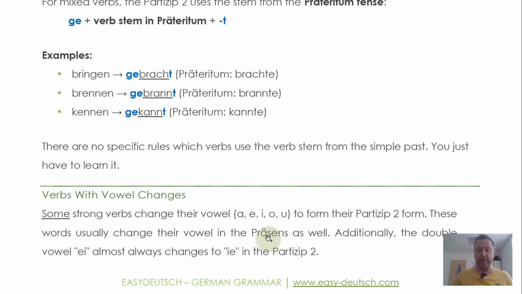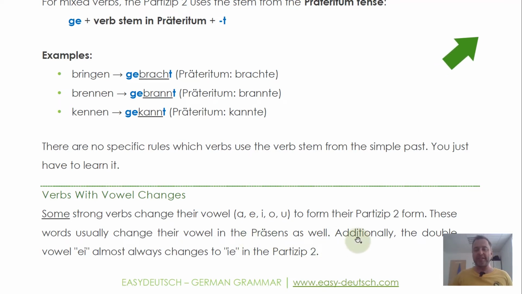What makes it easier for you to figure it out is that usually those words also change their vowel in the present tense, in the second and third person. Remember, if you want a quick reminder, check out the video in the info cards.